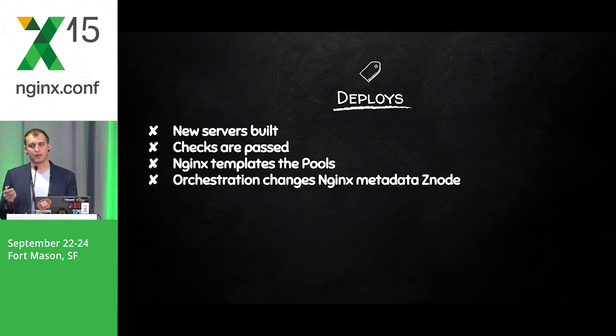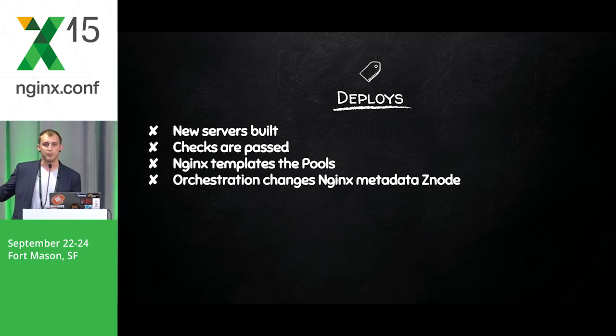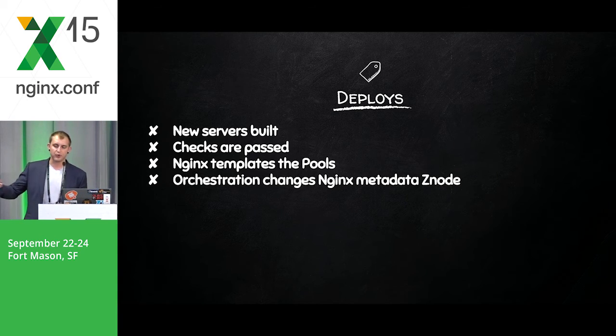The NGINX client is actually watching its own Z node for changes so that an outside force can actually change its version. At that point, NGINX will go ahead and retemplate its configuration saying that my current release version is 1.2.4, where the previous version might be 1.2.3.